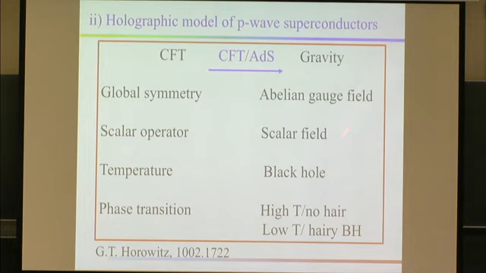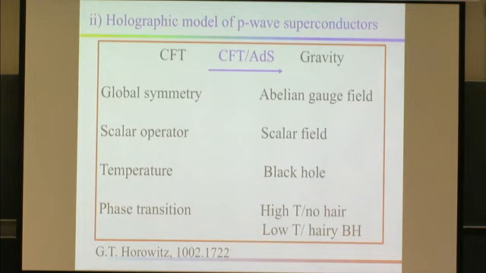in the bulk. Because the phase transition happens at finite temperature, we need to look for the black hole solution. To mimic the phase transition in the conformal field theory side, we need to find a black hole solution with no scalar, or other vector or something else, in the high temperature region.